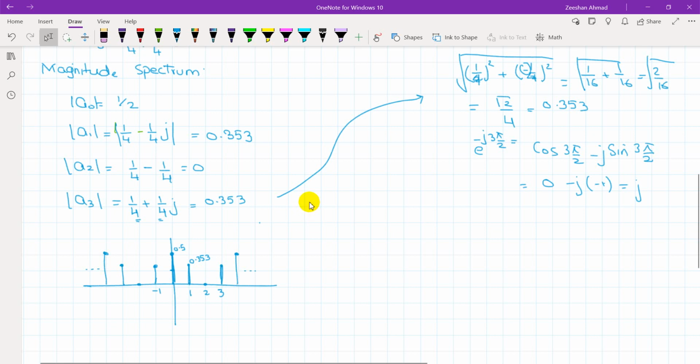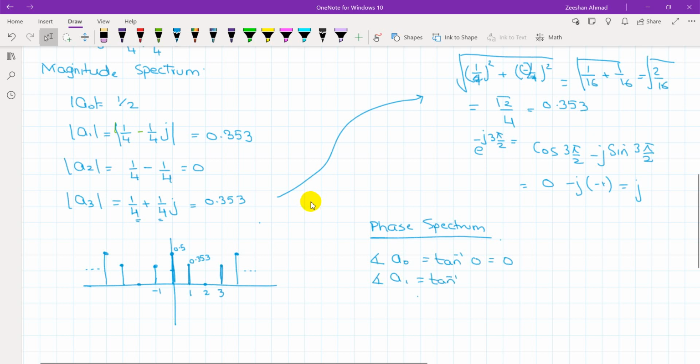Okay. Similarly, if you need to go for the phase spectrum, let's have a fixed spectrum here. So I'm just doing the phase spectrum here. For the phase spectrum, obviously the angle of A0 will be equal to tan inverse of 0, which is equal to 0 here. Angle of A1 will be equal to tan inverse.